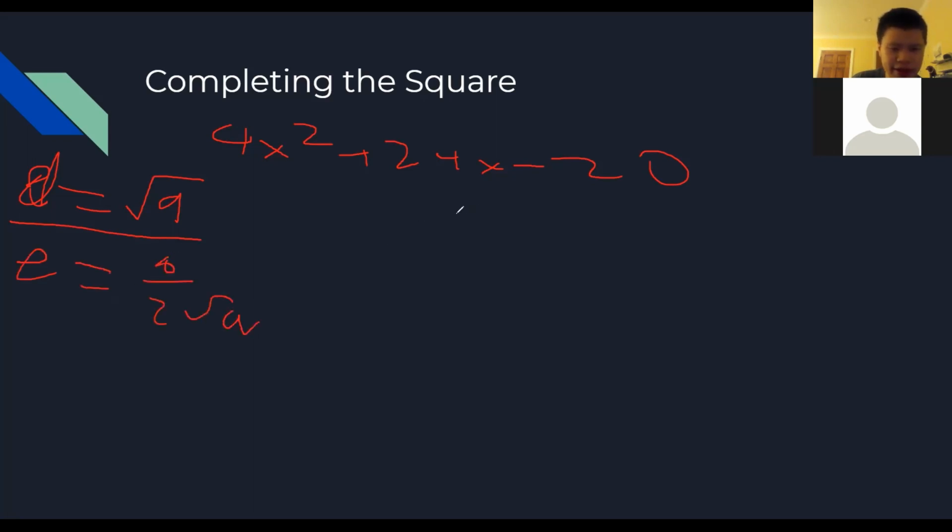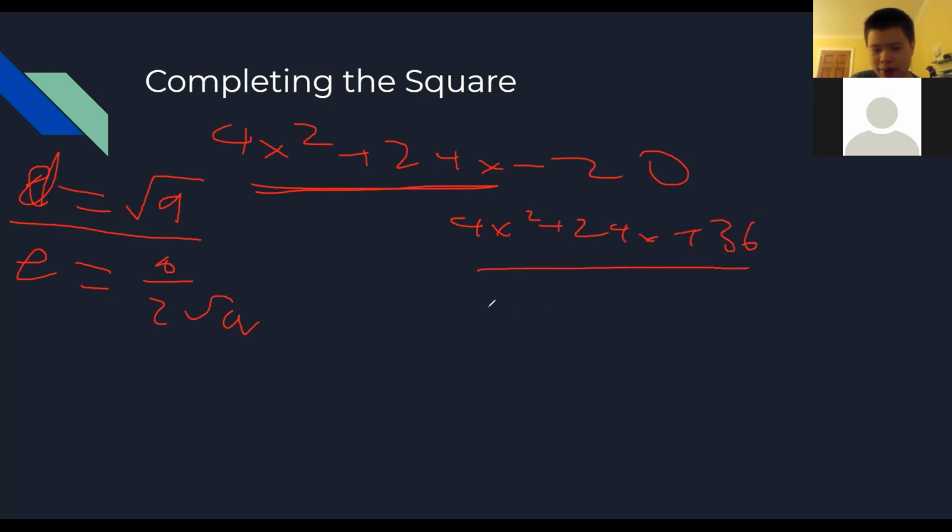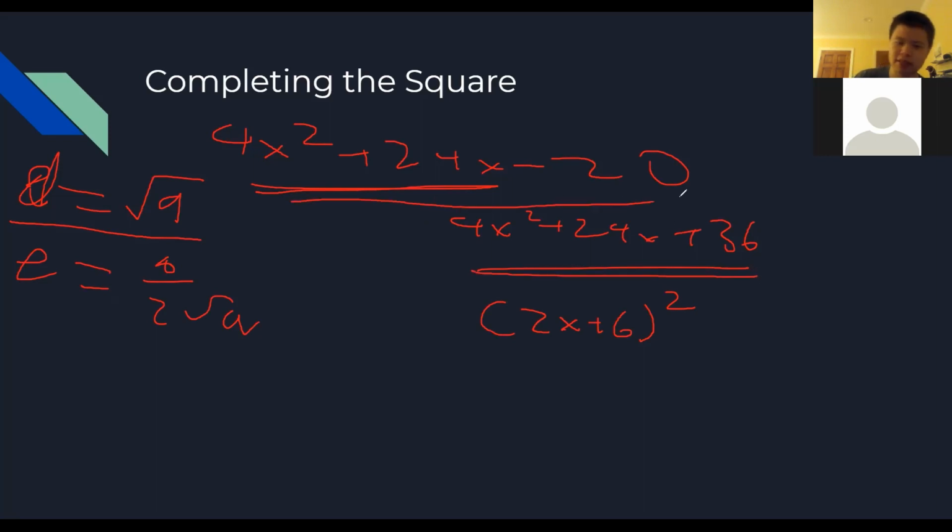On the other hand, you could find a binomial that matches these two because the constant term doesn't change with the binomial. So 4x squared plus 24x plus 36. So this is our binomial of 2x plus 6 squared. But this is this plus 56.